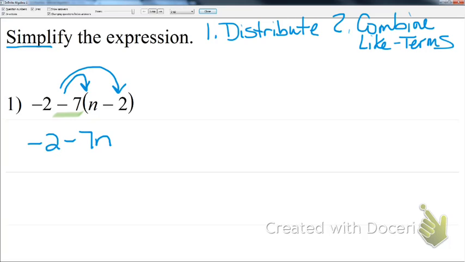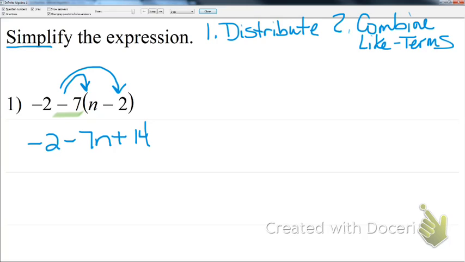I can't tell you how many people put down -14 and forget the signs. It is +14. You do need to write the plus sign in between because it's not the first term in the expression now. Only when it's the first term will you not put the sign in. All right, now we're ready to combine like terms.